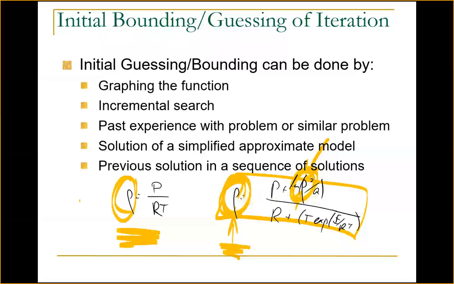Okay. Alright, good. And yes, I was saying now, the previous solution in a sequence is similar to past experience, but it's not exactly the same. It may be that I'm solving a system or a set of equations. Let me give you an example.